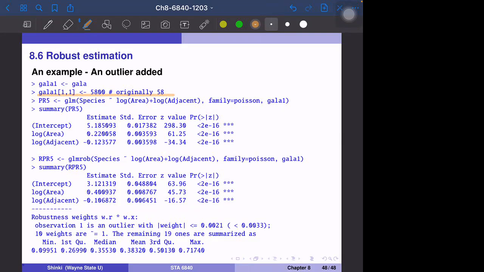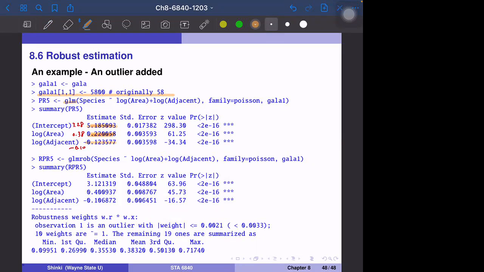This outlier affects the estimation results much if we use the usual estimator. If we use the usual GLM, the estimates become pretty different. Originally the first one was 3.28, the second one 0.37 or 0.38, and the third one negative 0.10. Maybe the third one is still similar, but the size of the second one almost becomes half. And the intercept also changes a lot.